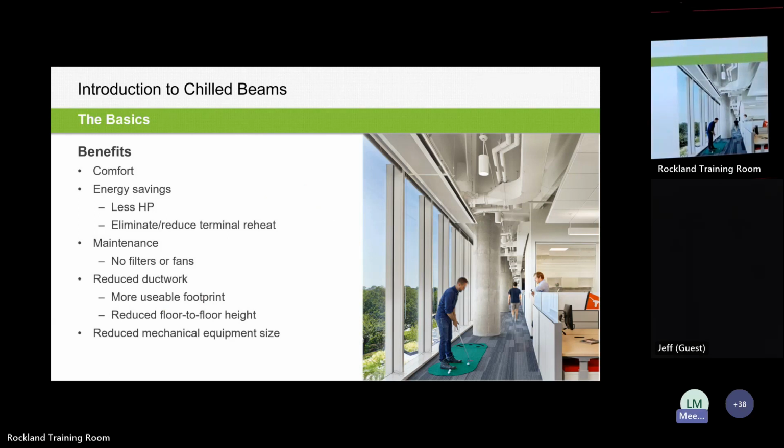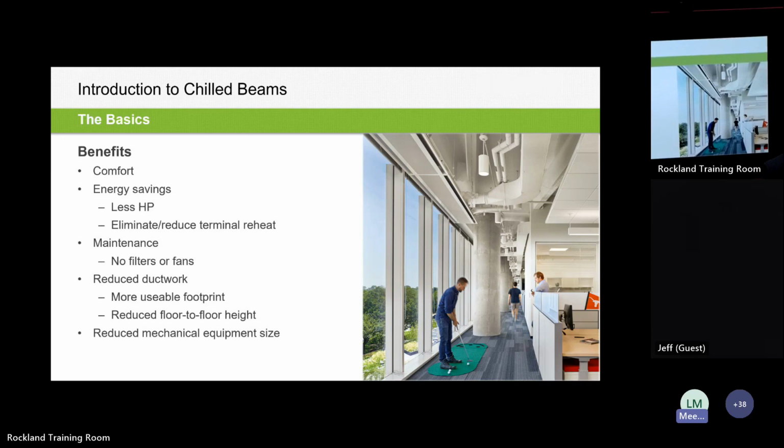So in general, you're going to see benefits of comfort, and that relates to what Matt was talking about, where the discharge air temperature, because you're bringing in 55 degrees on the primary air, but 4 to 6 parts of the discharge air is from the room side going through that 58-degree chilled water to 60-degree chilled water.